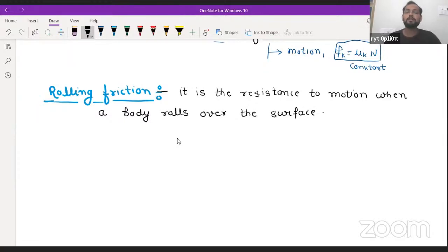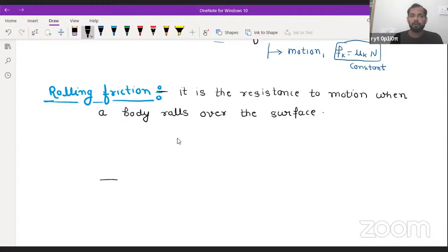So whenever a body rolls over a surface, whatever resistance you feel in that condition is known as the rolling friction. As I have already discussed, the concept of rolling friction is different from the concept of sliding friction. Because how is it different?